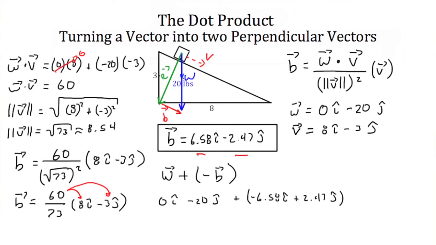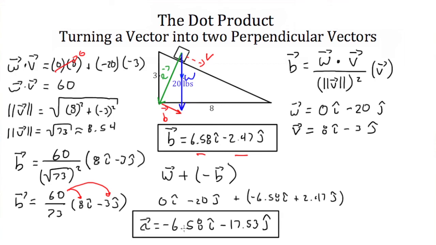Now you would add the x's and add the y's. So you'd end up with negative 6.58i and then minus 17.53j. So these are the two vectors. One is in the direction down the plane, and the other one is in the direction into this plane.